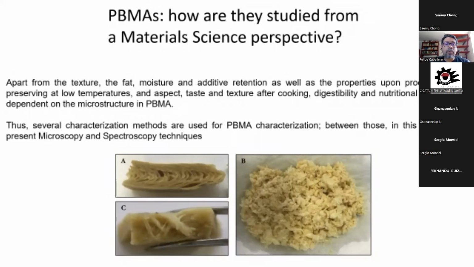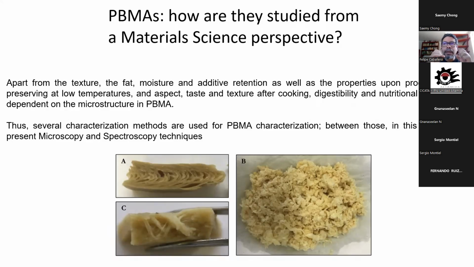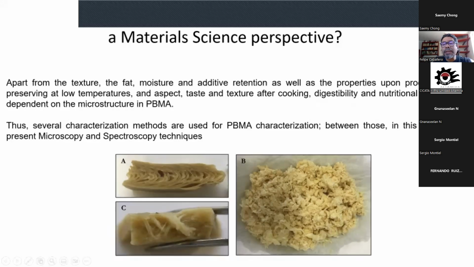The fat is mixed together with the vegetable protein and the additives that give flavor, and the moisture is part of the cooking process, because when you put the meat onto the pan it loses some water and some fat, but it keeps some fat and moisture inside, so it can be more tasty. They depend on the microstructure.